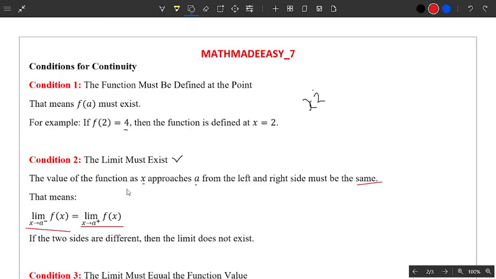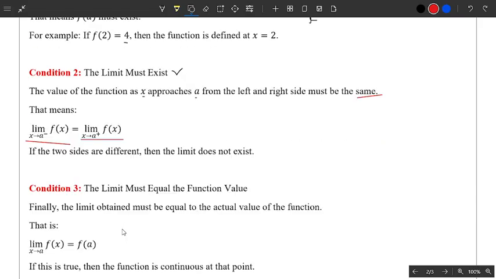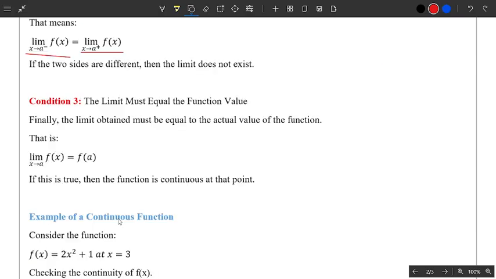The first one is that the function must be defined at the point. The second one, the limit must exist. For a limit to exist, the limit from the left-hand side and from the right-hand side should be the same. Then the last one, the limit must be equal to the functional value. Yes, those are the three conditions that we can use to determine whether a function is continuous at a given point.